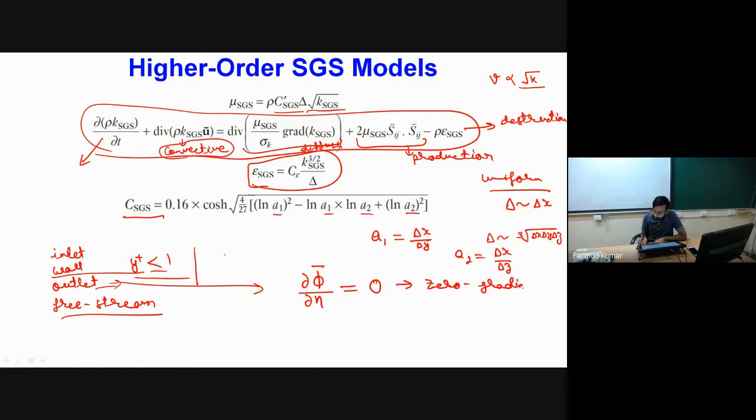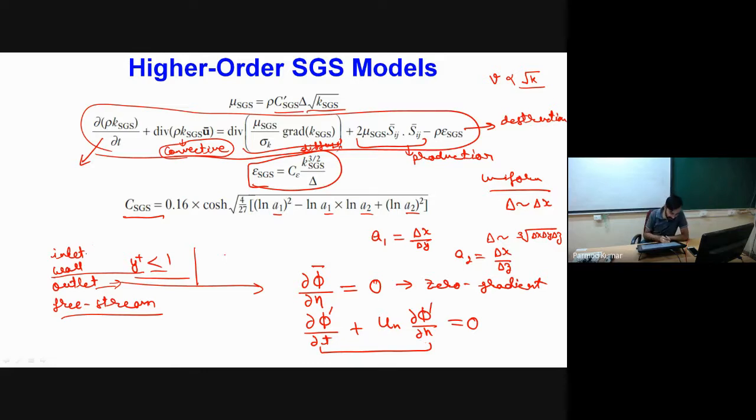However, for the fluctuating component, we don't use this. Rather, for the fluctuating component, we use the boundary condition del phi dash by del t plus un into del phi dash by del n equal to 0. So this is nothing but the temporal and advection equation we are considering for the fluctuating component.